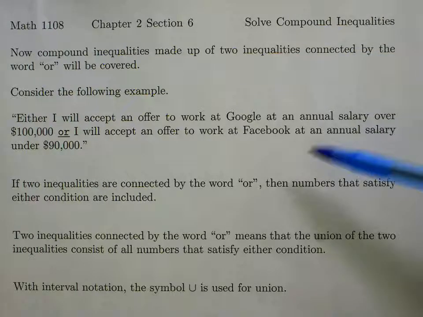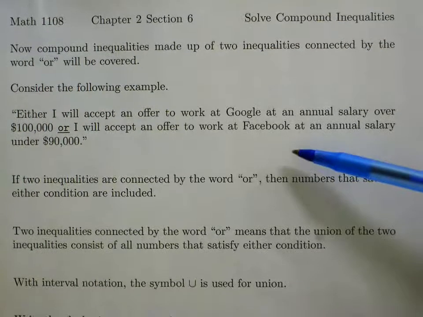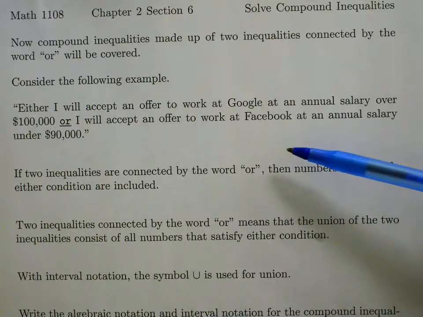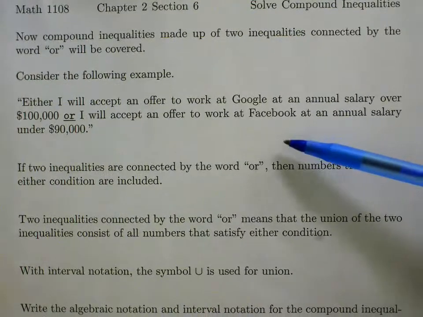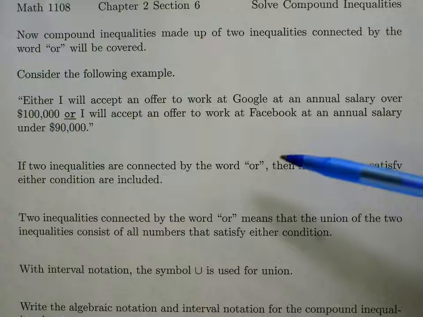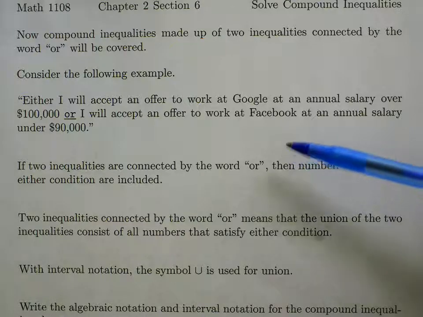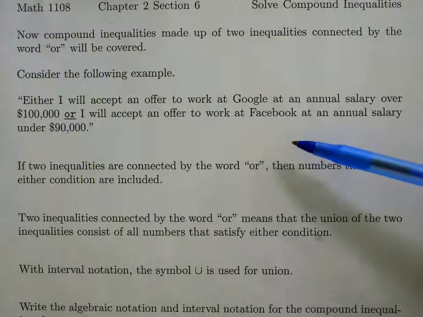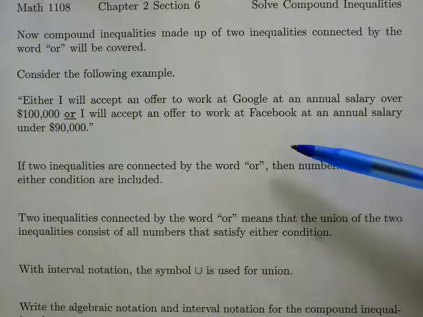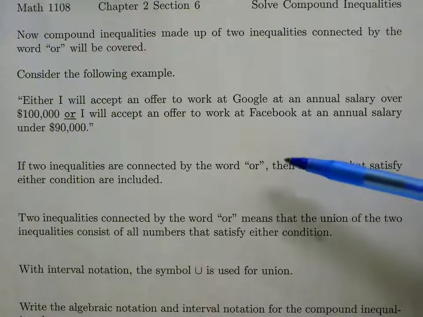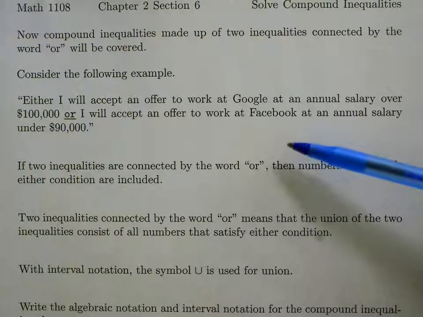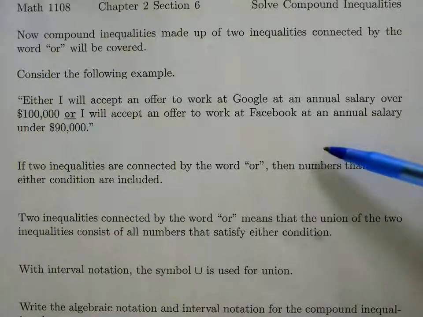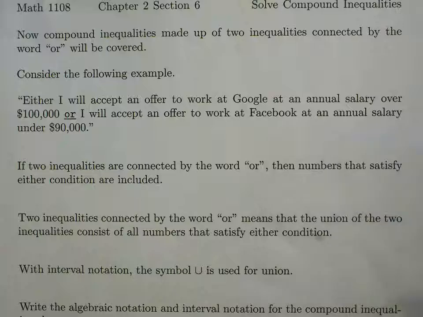So here's an example. Either I will accept an offer to work at Google at an annual salary over $100,000, or I will accept an offer to work at Facebook at an annual salary under $90,000.